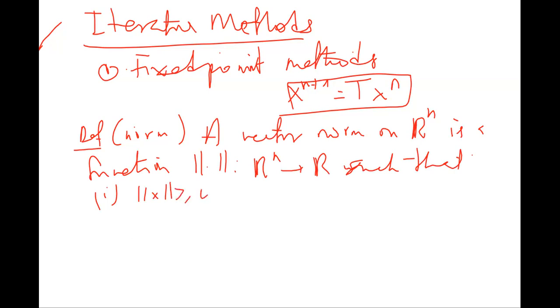The norm is positive for x, and it is 0 if and only if x is 0.